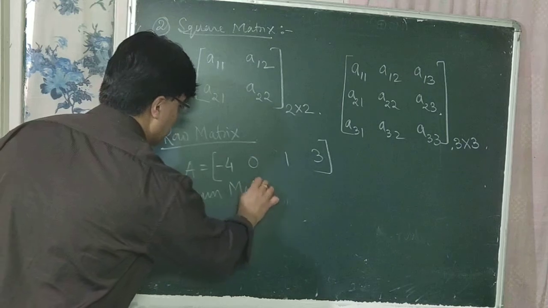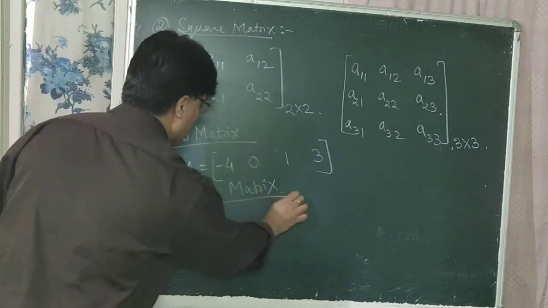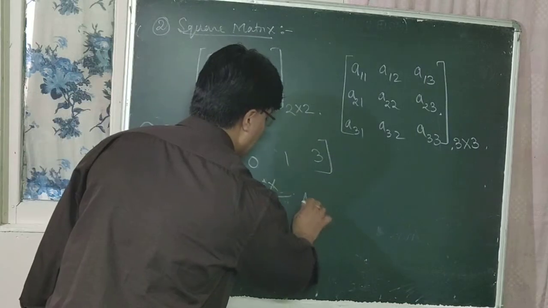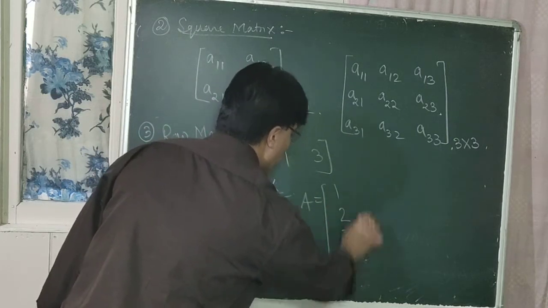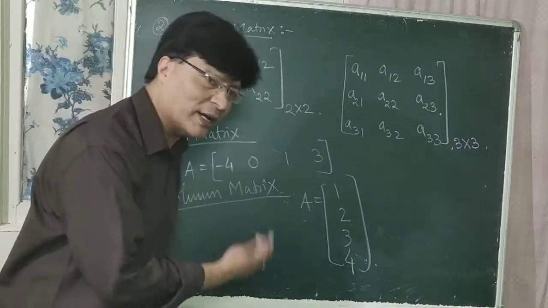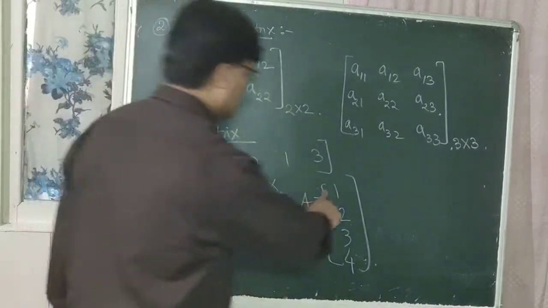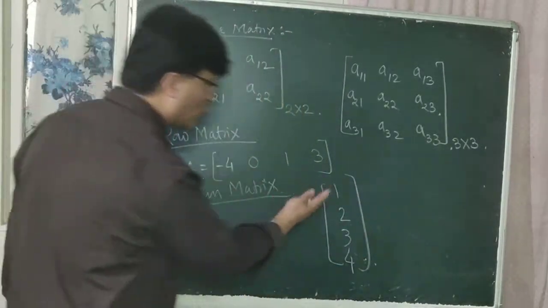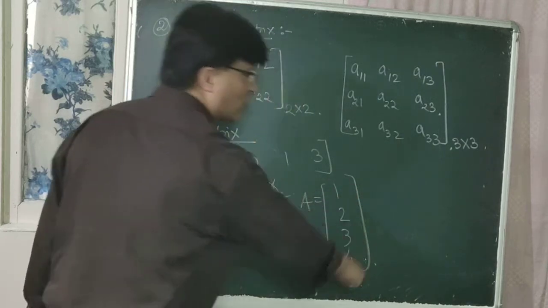Okay? So now number 4 is the column matrix. In the case of a column matrix, we have A is equal to, this is 1, 2, 3, 4. We will have only one column, but the number of rows differs. Here it is 4 rows, 1, 2, 3, 4, but only one column is there.